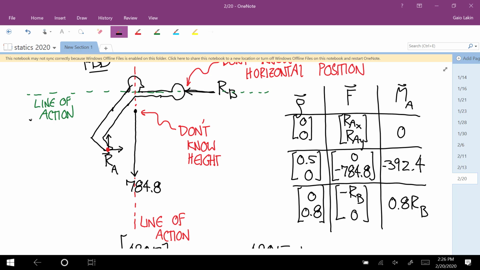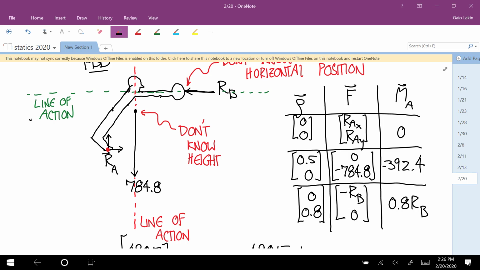Now take the cross product. You have 0.5 times this minus a times 0, it goes away. So this gives the same cross product as if we knew that. That's how this line of action thing works.